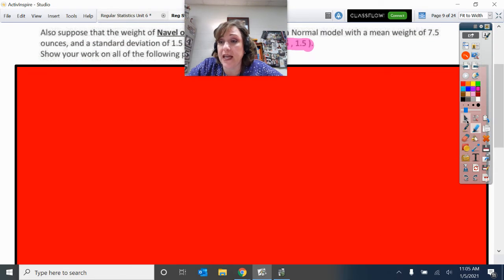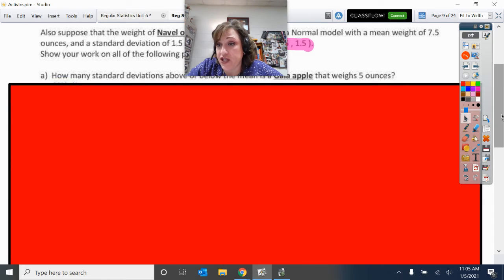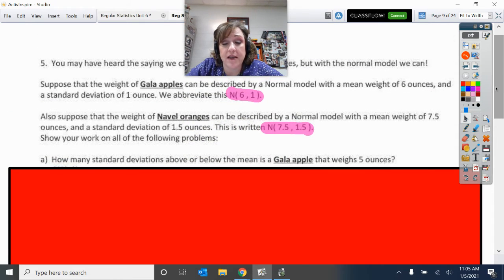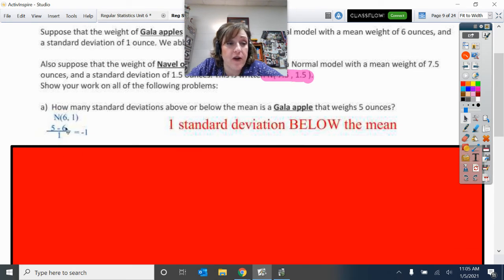So then we take a look at how many standard deviations above or below the mean an apple that weighs 5 ounces would be. Well, first of all, I can tell it's below the mean, because the mean is at 6, and so it is 1 standard deviation below the mean. I want to see how far away it is in terms of that standard deviation.